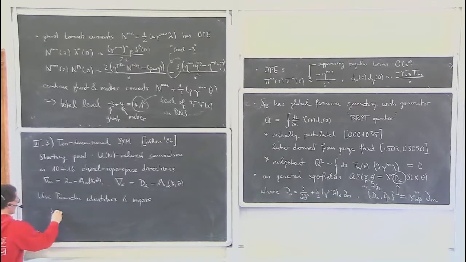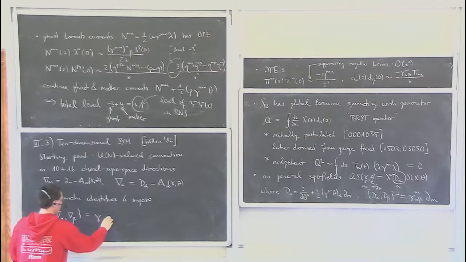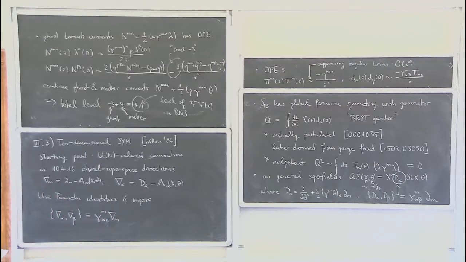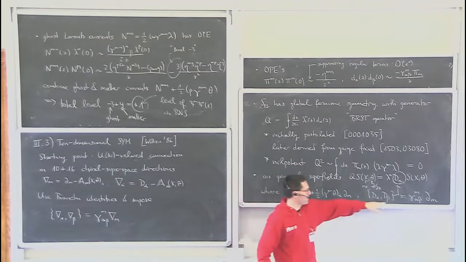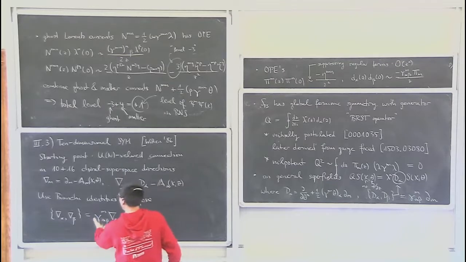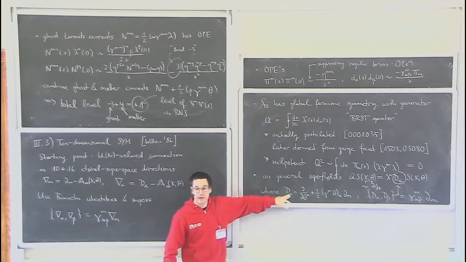We want that the anticommutator of these fermionic connections closes to be the bosonic connection. Now you can probably see why I wanted to mention this property of the D alphas on the previous blackboard. So if you wish, this is a nonlinear extension of a property which the theta covariant derivative has anyway.